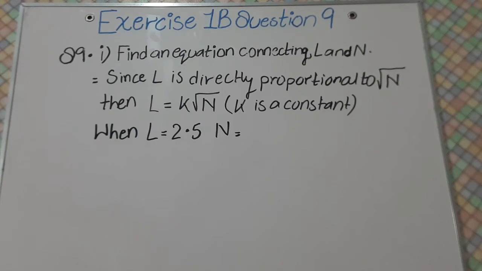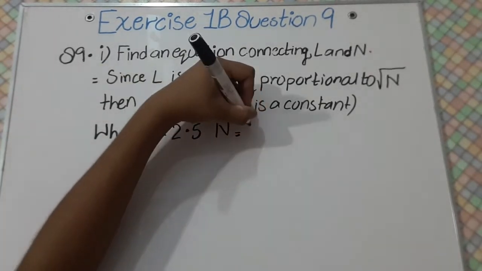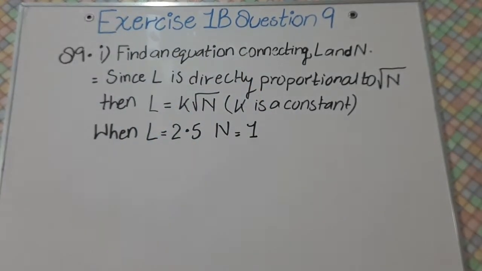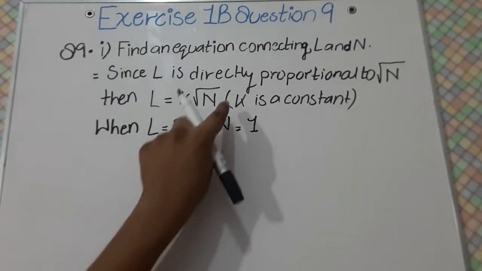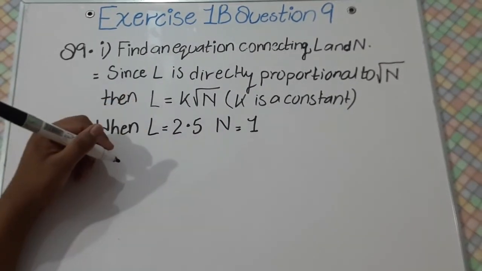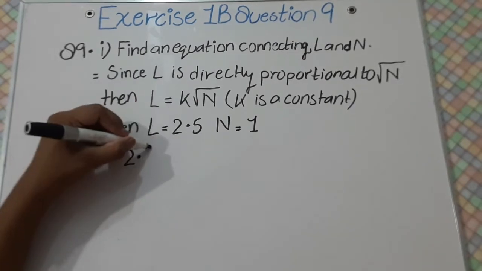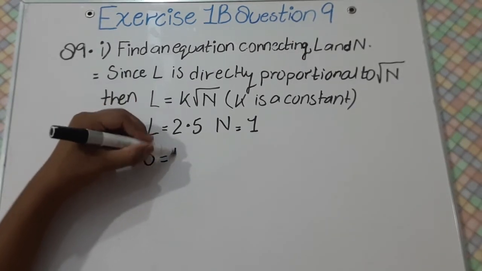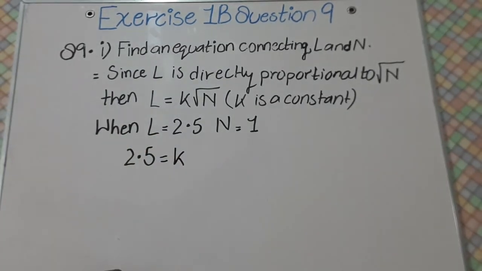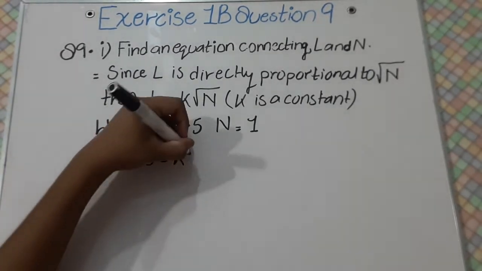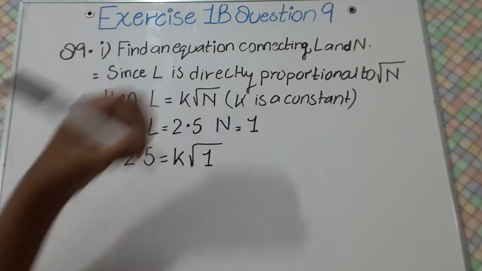The number of hours they have asked is in under root, so they are asking 1 hour after its birth. So we are going to write 1. These are the values. So first I am going to put the values in this formula. The value of L is 2.5, L equals k, as we need to find out the value of k, and then under root 1, which is the value of n.